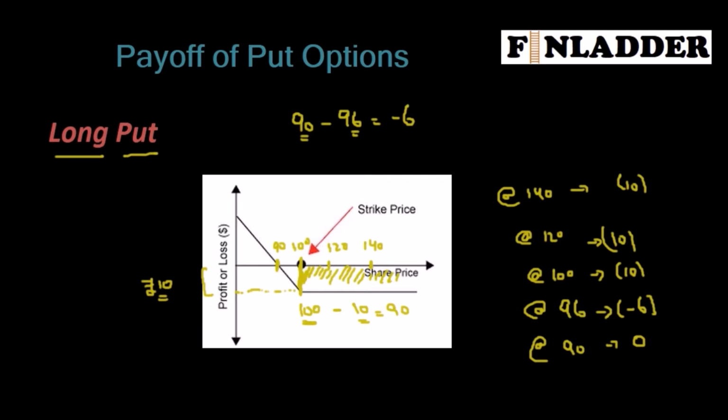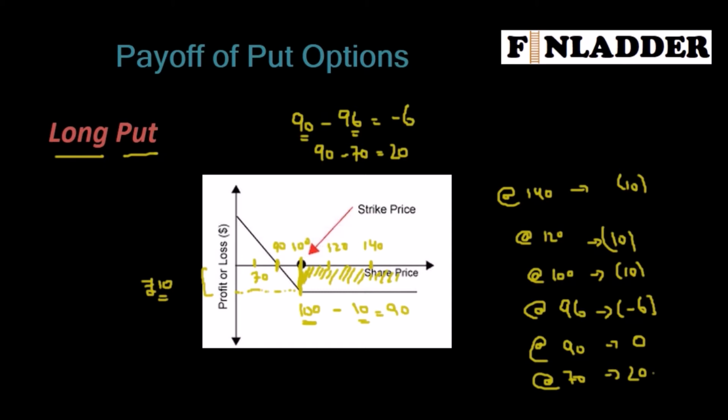Now if the price comes down to somewhere at 70, our profit would be 90 minus 70, which is 20. Thus at 70 we will be making a profit of 20. This will go on and on.